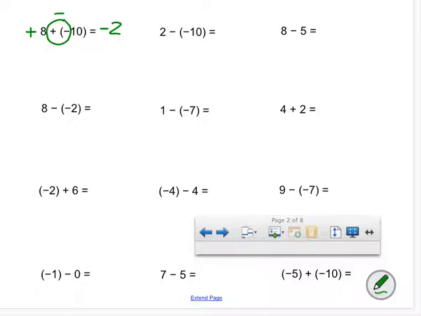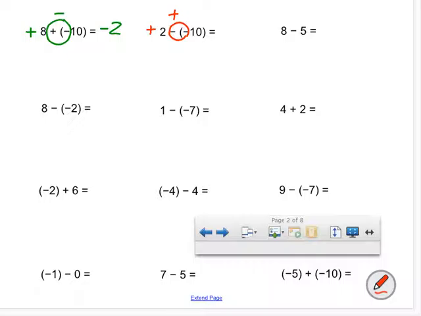Okay. Now, who can explain to me number 2, the second problem? Yes, Mr. Harrington. Okay, 2 doesn't have a sign, so I'm going to put a plus there. I have 2 signs in front of 10, and they're going to become what? Positive 10.